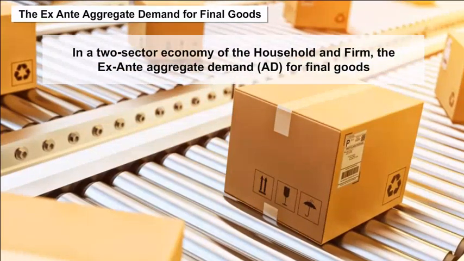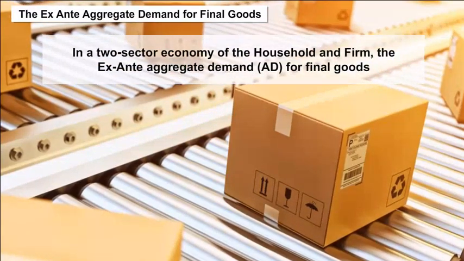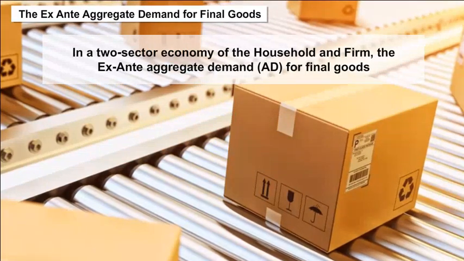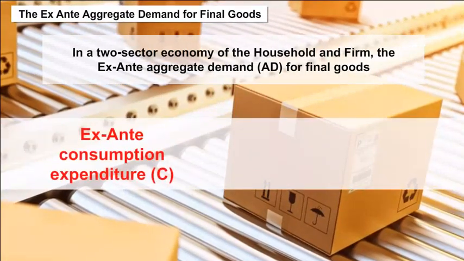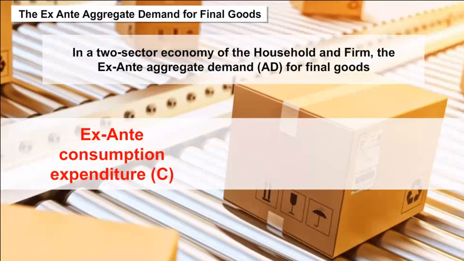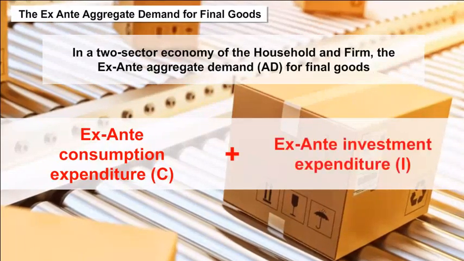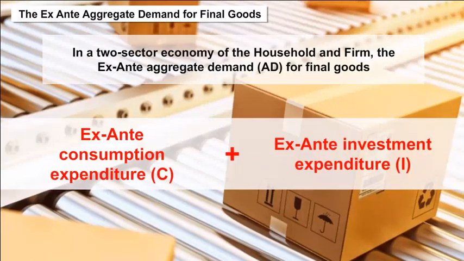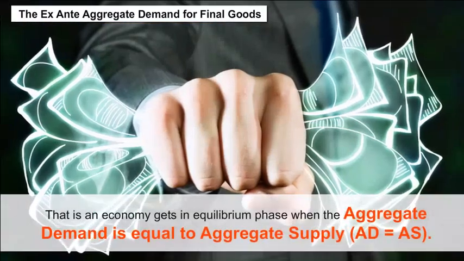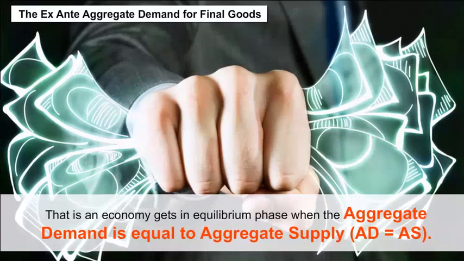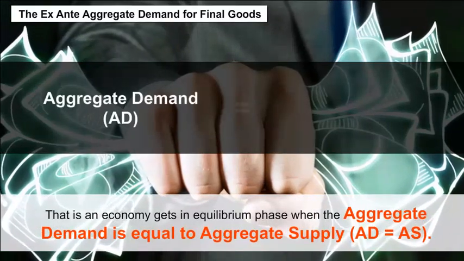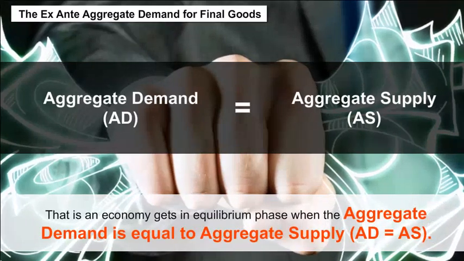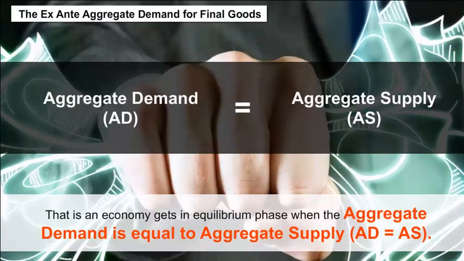In a two-sector economy of the household and firm, the ex ante aggregate demand or AD for final goods is the sum total of ex ante consumption expenditure C and ex ante investment expenditure I on the final goods. That is, an economy gets in equilibrium when the aggregate demand is equal to aggregate supply, that is AD = AS.